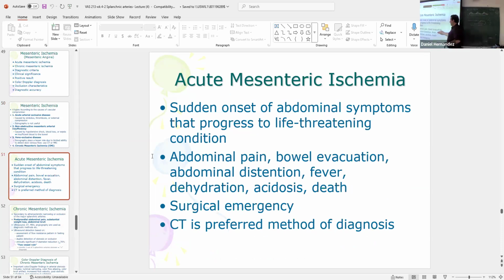They present with severe abdominal pain and evacuate their bowels, and there might be abdominal distension, fever, and dehydration. Eventually this could lead to acidosis and even potentially death. So acute mesenteric ischemia is a surgical emergency, and CT is the preferred method of diagnosis.